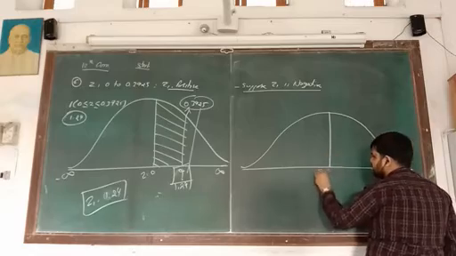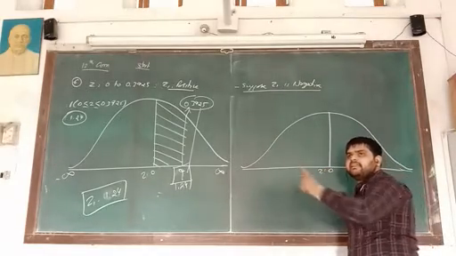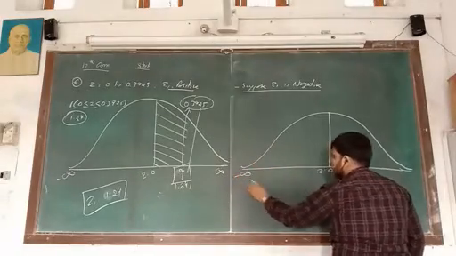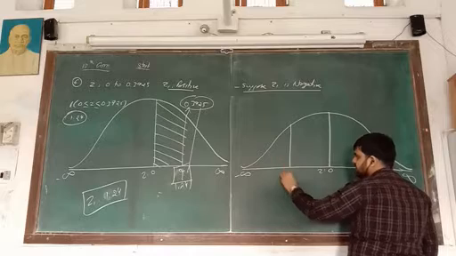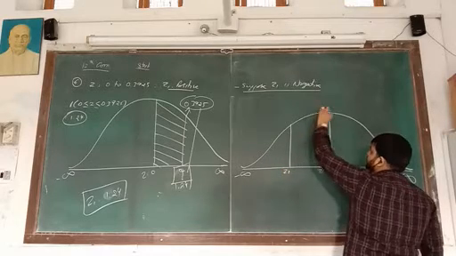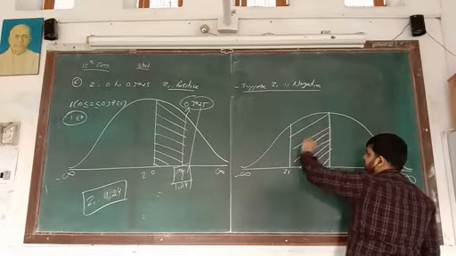This is z equal to 0. The value of z1 is on which side? The negative side. So this is minus infinity and plus infinity. This one is z1, this portion, and the value is negative.